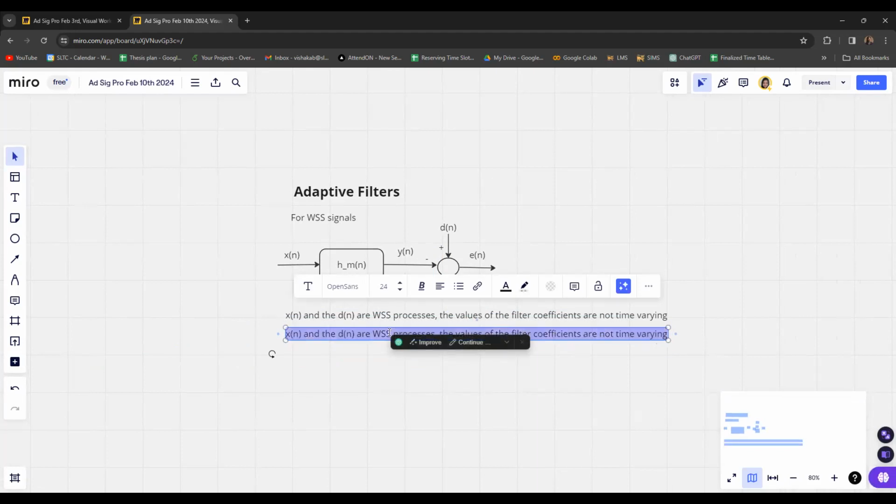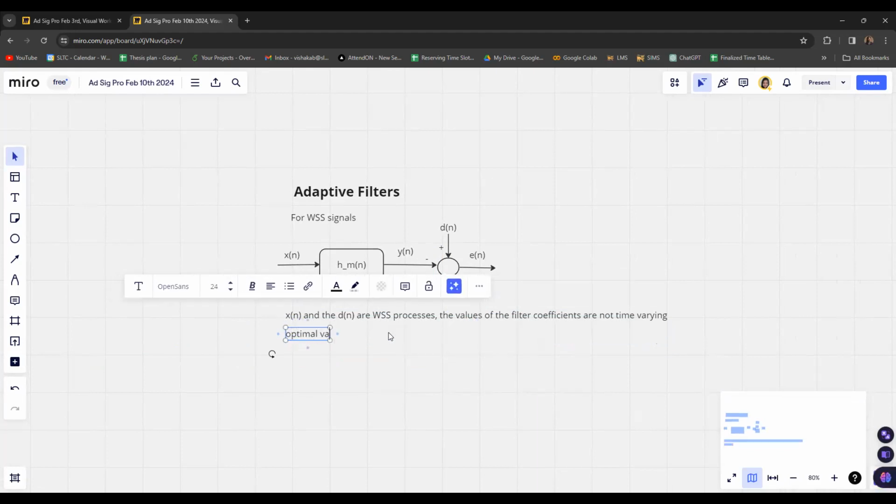The optimal values of the filter coefficients can be found using the equations that we derived earlier in the last session.